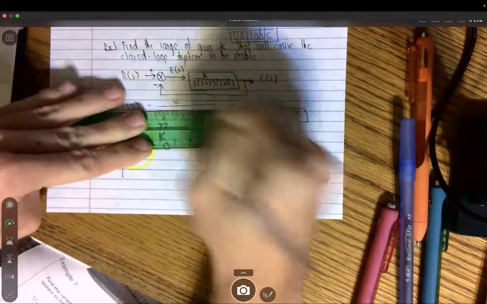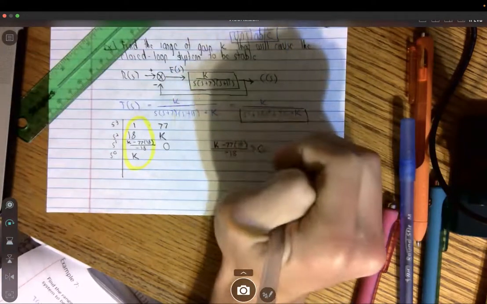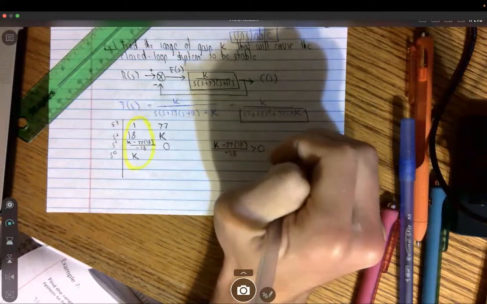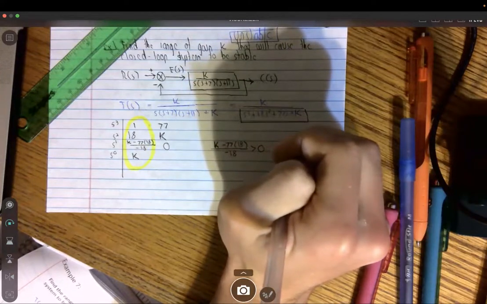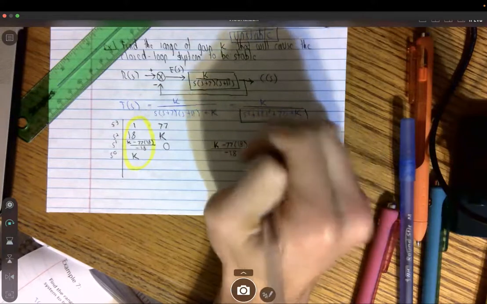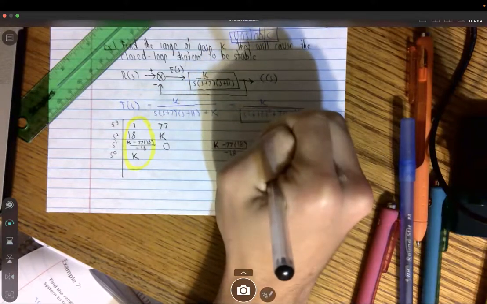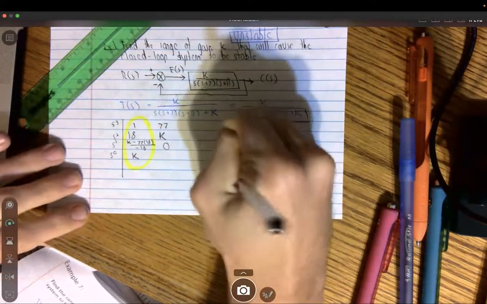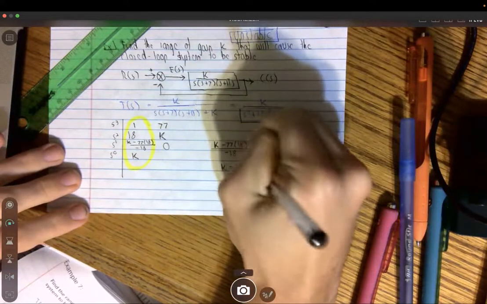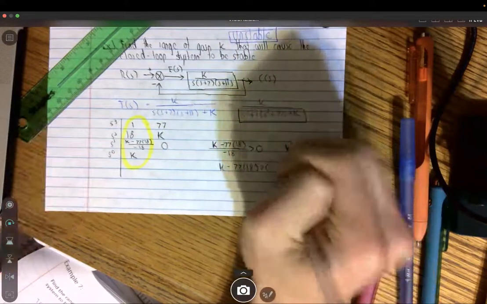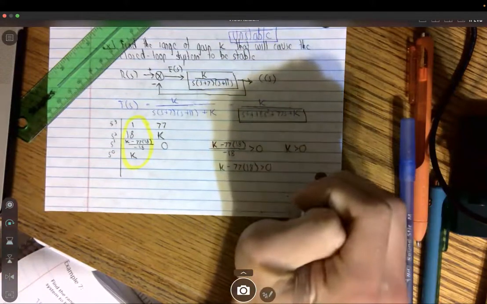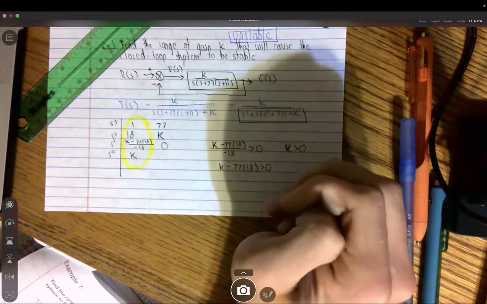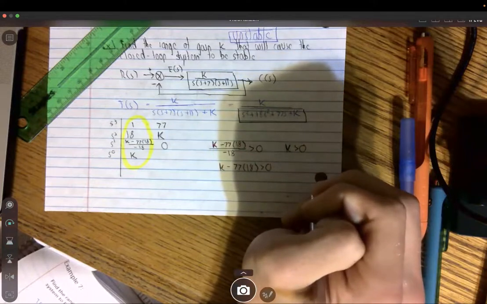So if we look at this in particular, we're going to need to multiply this side by 18 and then move this over to the other side. What we're going to get is K minus 77 times 18 must be greater than 0. And then add that over to the other side.